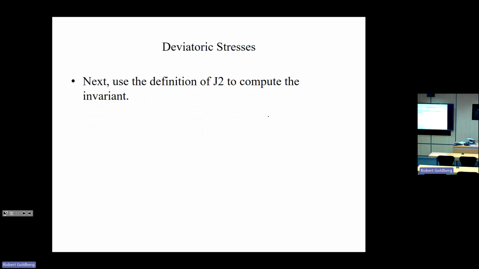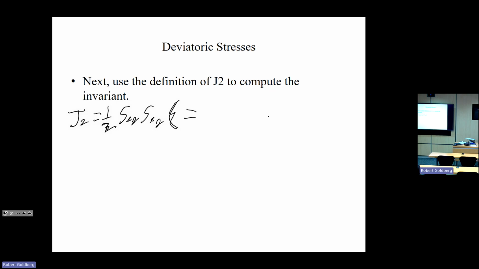And then finally, we can use the definition of J2 to compute the invariant. So we have J2 is equal to 1/2 Sij Sij. So we take each of the components in the deviatoric stress tensor, multiply it by itself, and then sum it all together and then divide it by 2.